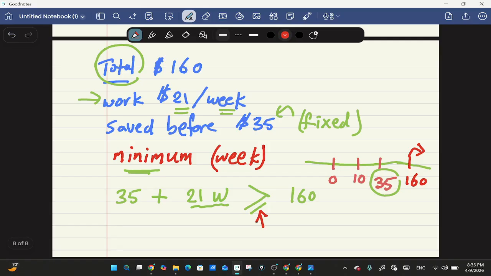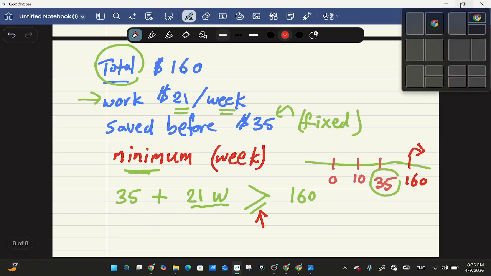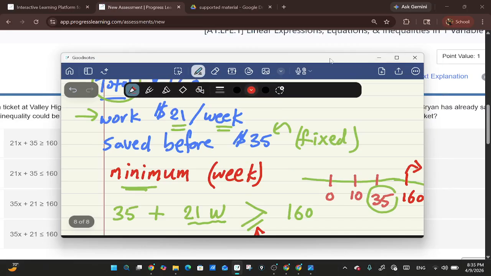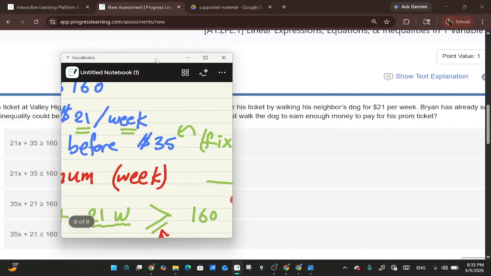After that, it will be more than the minimum. So if he works more than a certain number of weeks, he will get more than 160. In this case, the answer should be 35 plus 21W more than or equal to 160. Let's check the answer together.